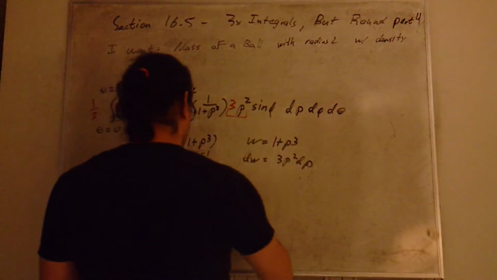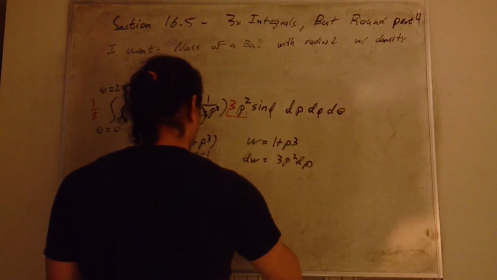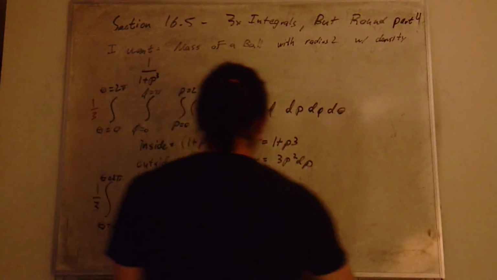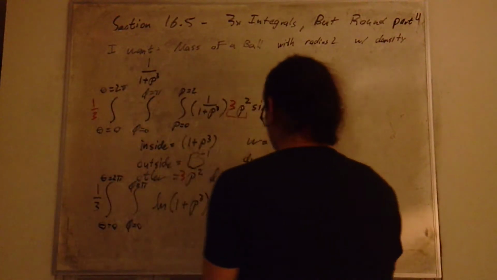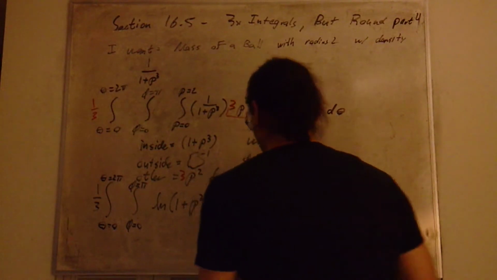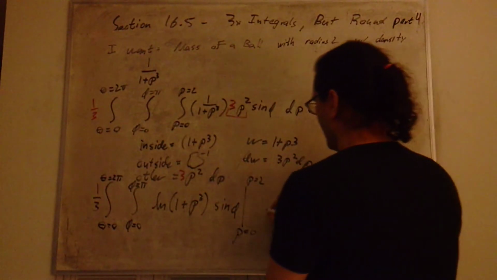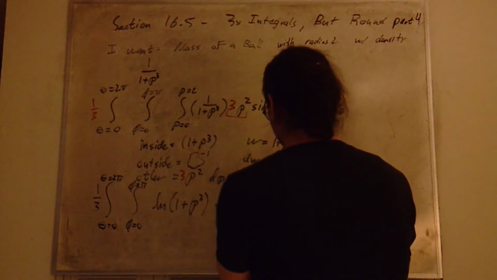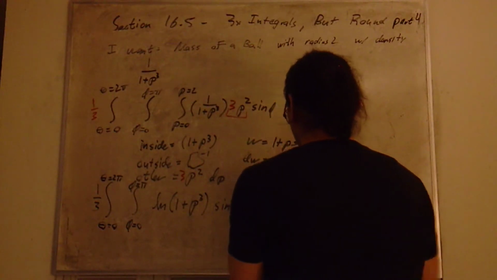Sine of phi hangs out. This I'm evaluating at rho equals 0 and rho equals 2. And then I need a d phi and a d theta on the back end.